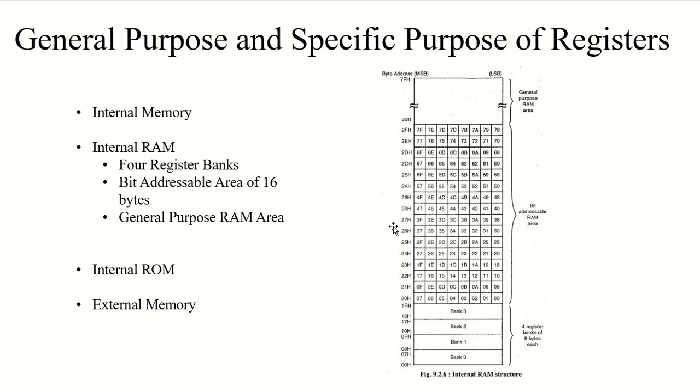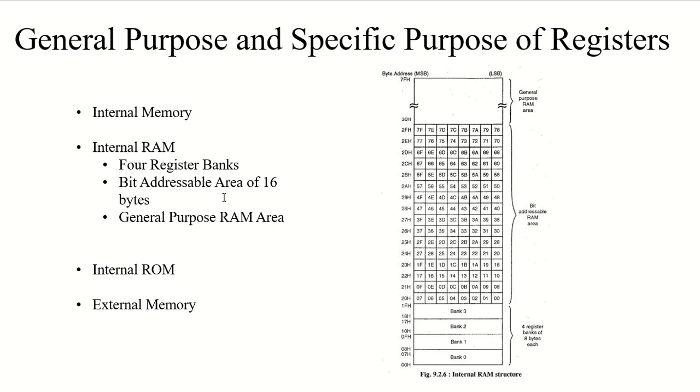And speaking of external memory, let's discuss external memory in detail as well. Firstly, external memory is used in the case when the internal ROM and RAM memory available on the chip is not sufficient, right?